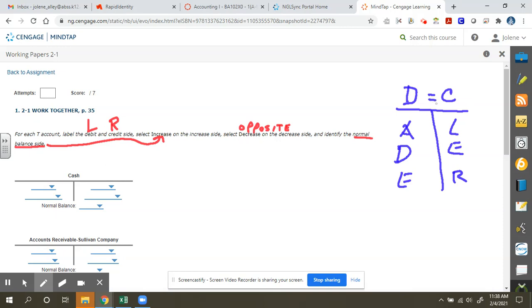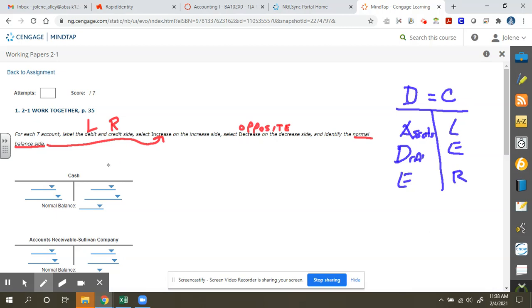DC is your debit credit. 100% debit is always on the left, credit is always on the right. Can't change it, will never change. They have to balance. But looking at this, I'm telling you the normal balance. So the normal balance for assets is a debit. It's always going to increase on the debit side.